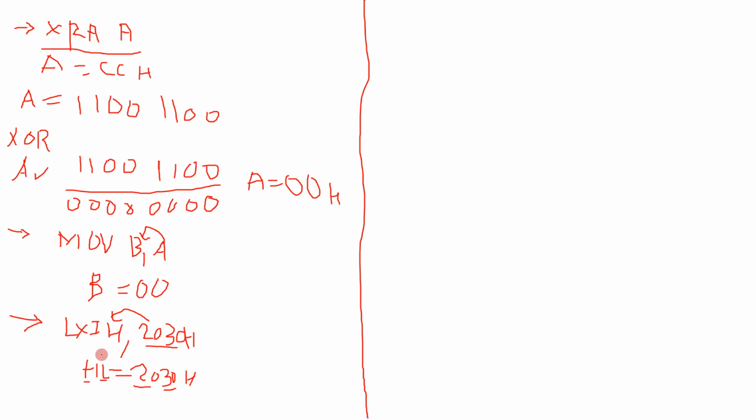HL is used to point to the contents of a memory location. So this HL is pointing to the contents of memory location 2030.